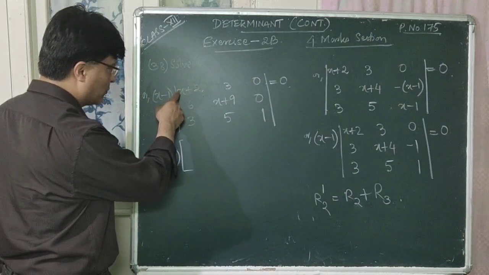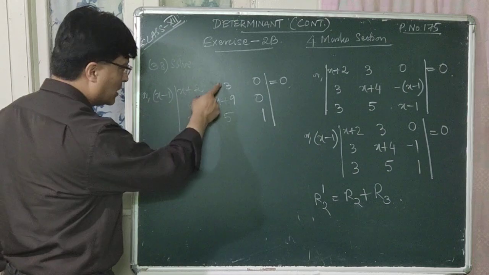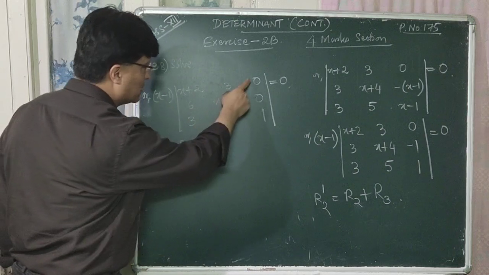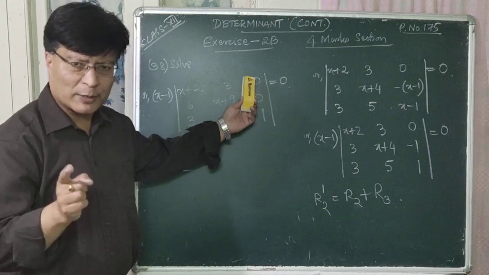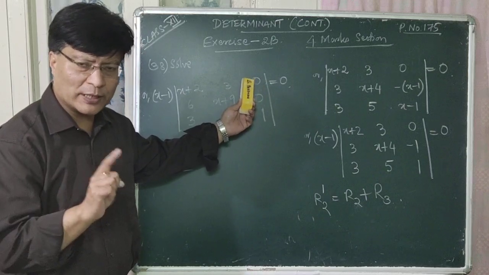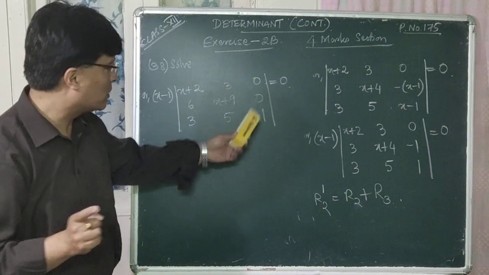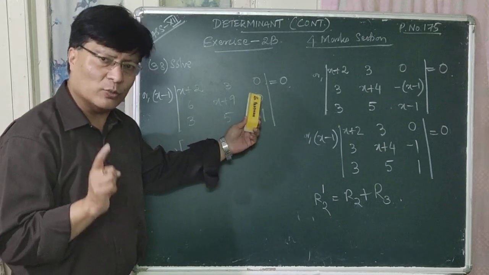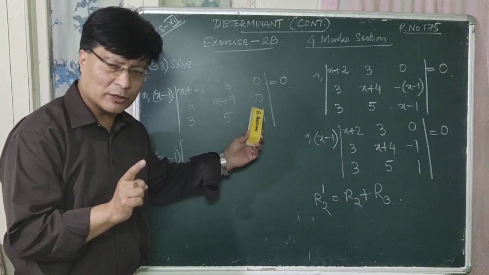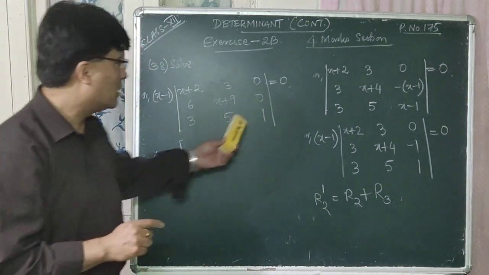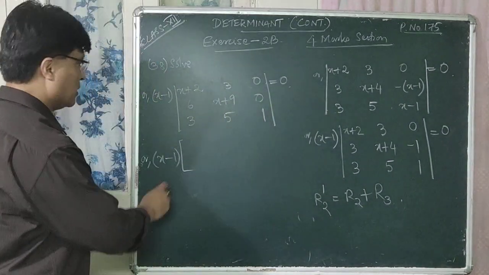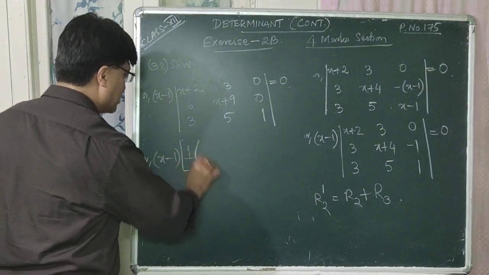Actually from the first column, plus minus plus, minus plus minus, but it is plus minus plus. But plus 0, will you write plus 0? No, because 0 into any number is always 0. Then again comes minus 0. Will you write minus 0? Here also we don't write, because 0 into any number is always 0. Then you have to write plus 1. So here it comes 1, within bracket.